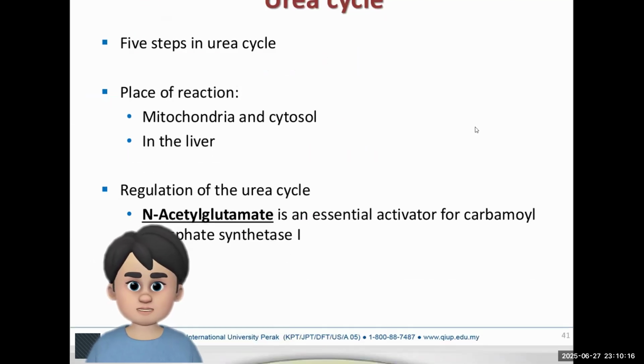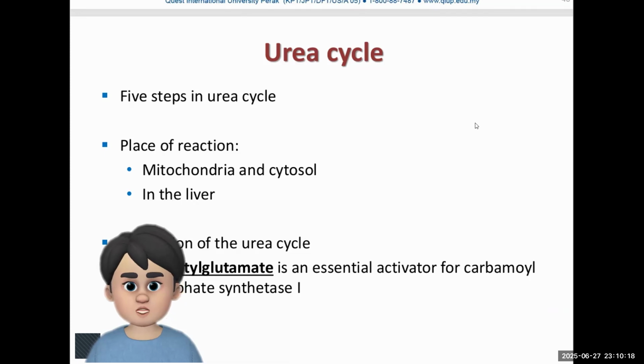Urea cycle. Different authors have explained the urea cycle in different ways. Here we have the five-step urea cycle. The place of reaction is the mitochondria and cytosol in the liver.